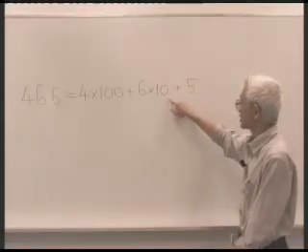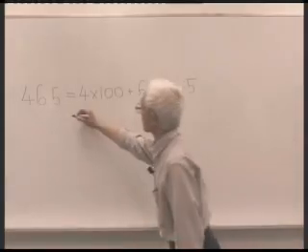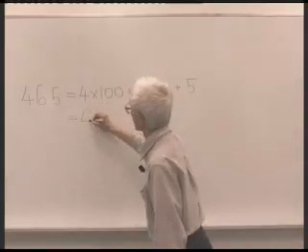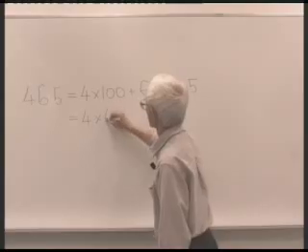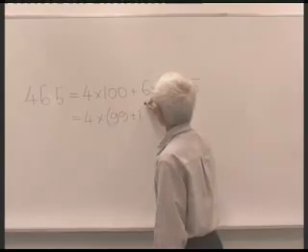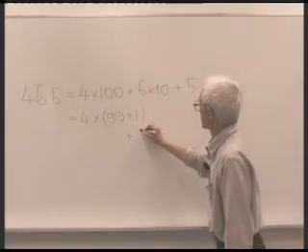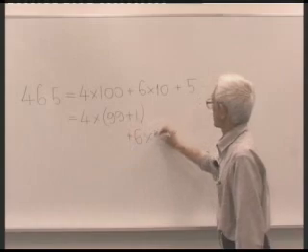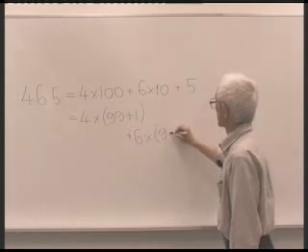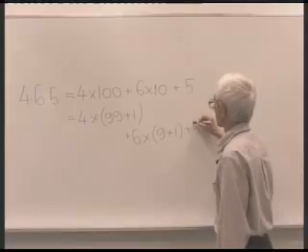Not divisible by 3, and 100 is not divisible by 3, so we can break it up further and write 100 is equal to 99 plus 1, and 10 is equal to 9 plus 1.